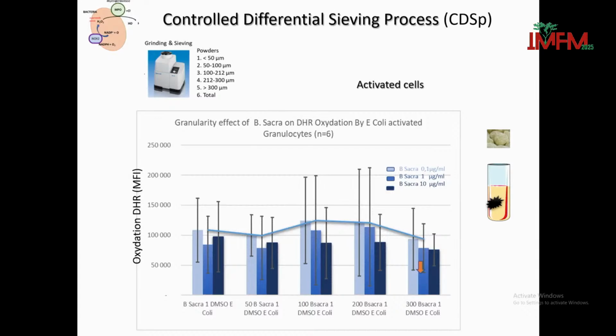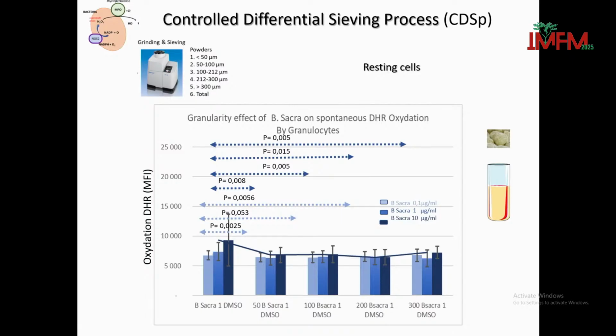You see that we have some recovering of activity of the cells by adding some Boswellia sacra, depending on the dose we are using. You can see that if we put too much Boswellia sacra, we may have some adverse effect.